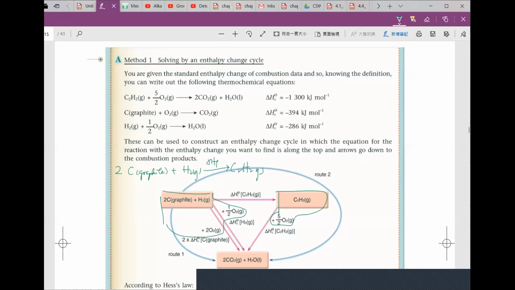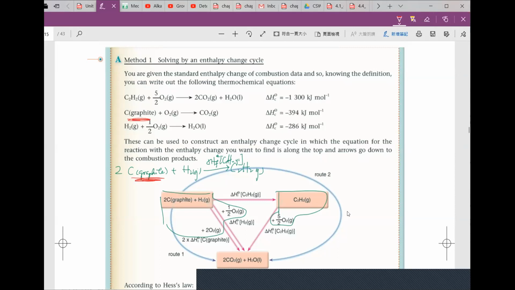It is the delta H of formation that you would like to find. Can you get the point? So take a look at these enthalpy data. What you're going to do is to collect those similar terms and put them on the left-hand side. For example, this one, graphite. Now I try to use a different color so that you will know what I mean. Graphite, graphite. Can you see?